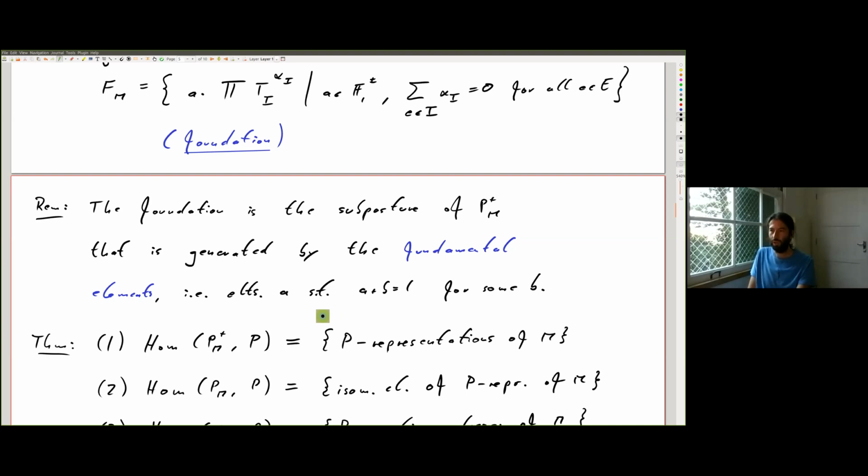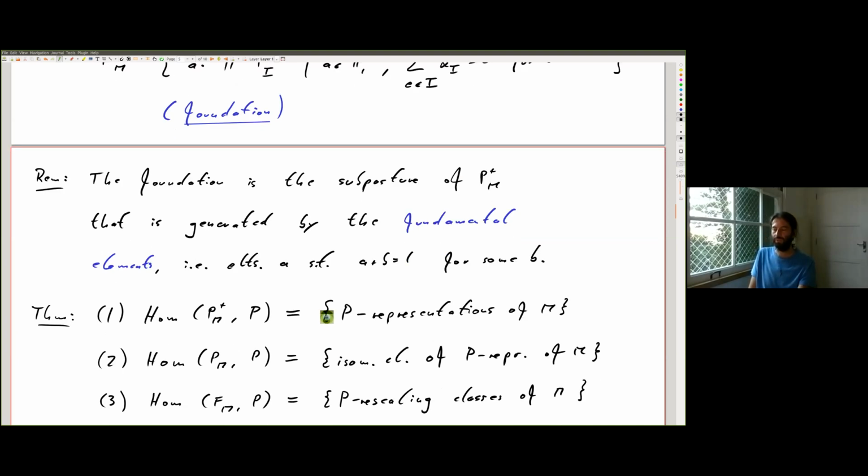Okay, quite easily derived from the definition is the following theorem. First of all, the extended universal pasture represents P representations of M. Represents means it represents a functor that takes a pasture P to the P representations of M, which means there is a canonical bijection between these two.